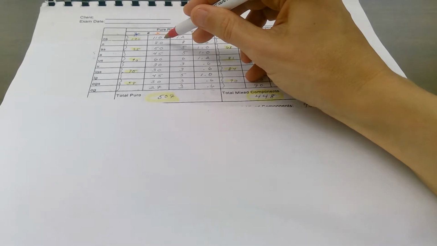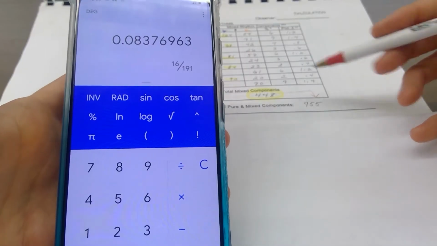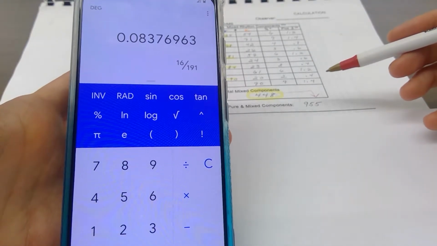So let's try it with this one. If we take out our calculator, we do 80 divided by 955. And that leaves us with 0.0837.